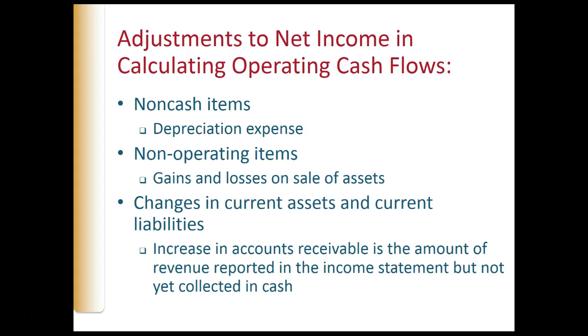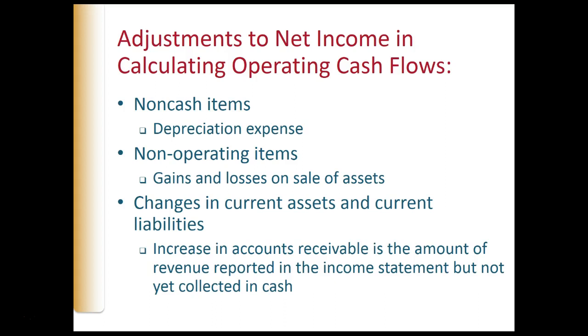And then changes in current assets and liabilities. Now, these changes are going to represent the non-cash portion of revenues and expenses. They occur when the cash flow for the year does not equal the related amount reported in the income statement. And we know, based on accrual method, that's going to happen all the time.